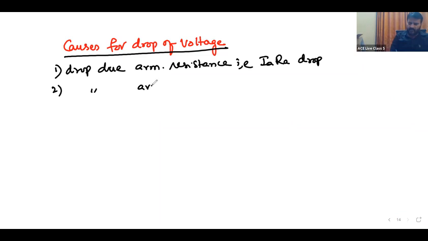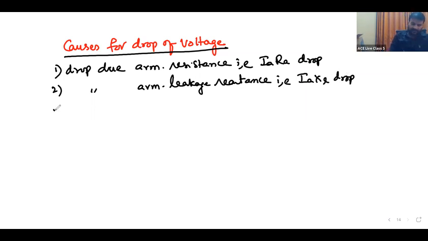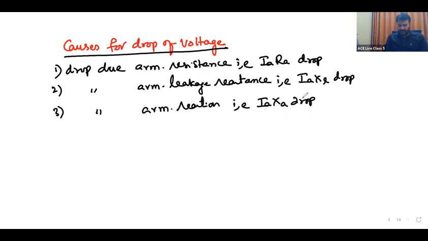Next, drop due to armature leakage reactance, that is IaXL drop. Third one is drop due to armature reaction, that is IaXA drop. Drop due to armature resistance, drop due to leakage reactance, drop due to armature reaction. Fine.